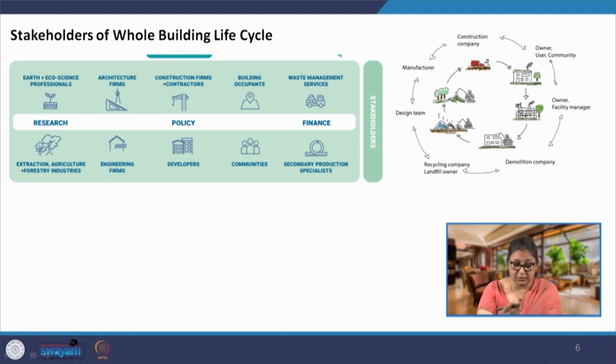Then we have architecture firms or engineering firms who are going to be involved in designing and selection of materials, selection of equipment, all the services that are going to go in the building, but only the design of them.